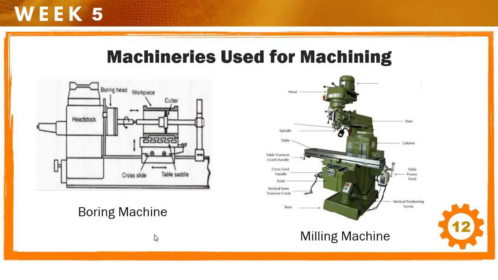So next, we have here the boring machine. The boring machine is very much similar to lathe machine, but as you notice, it has a smaller number of parts. So we have here the headstock, this is the one, just like the lathe machine, that holds the workpiece.